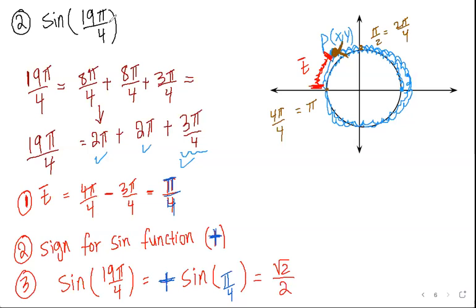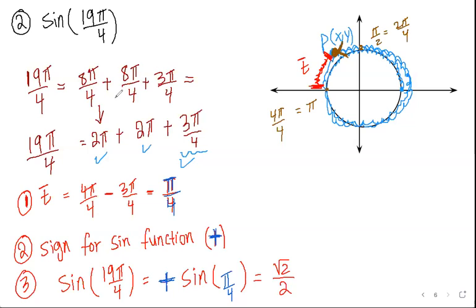So again, when you see the number is greater than 2 pi, the 2 pi here is 8 pi over 4. When it's greater than 2 pi, you have to change it. You have to subtract 2 pi, or write it in this form, 8 pi over 4 plus 8 pi over 4.